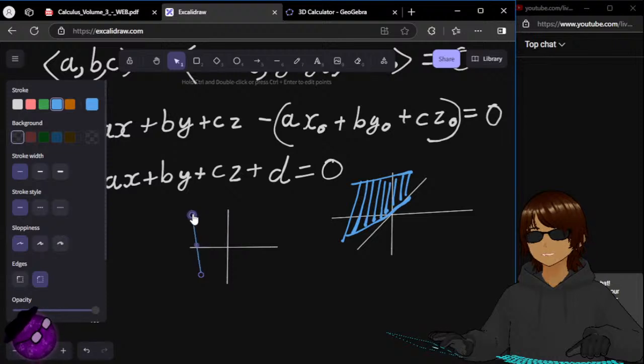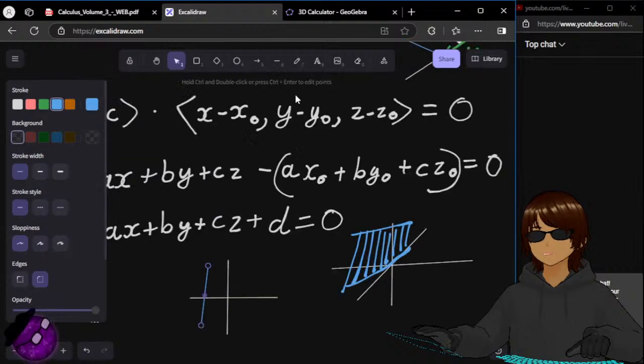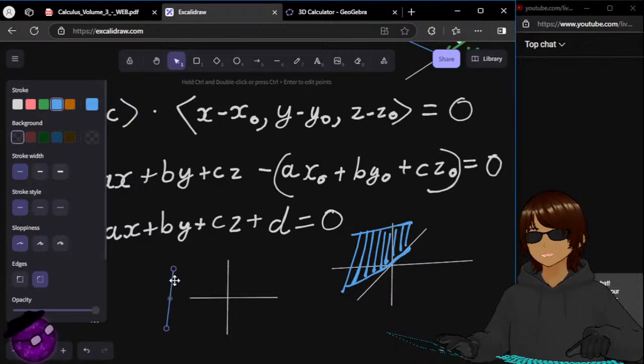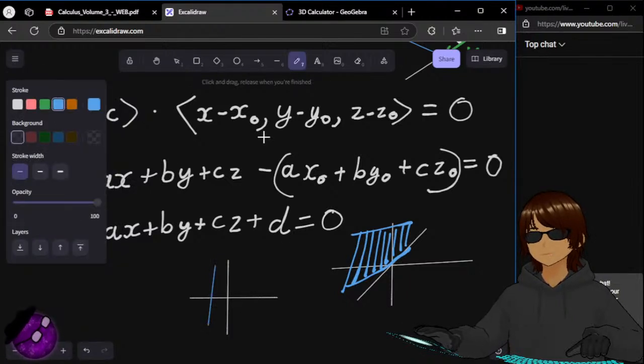So changing ABC would change the gradient of the plane. And then changing this D over here, or changing x0, y0, z0 would change the position of the plane. If we change D while keeping the ABC same, it's going to change the position of the plane.